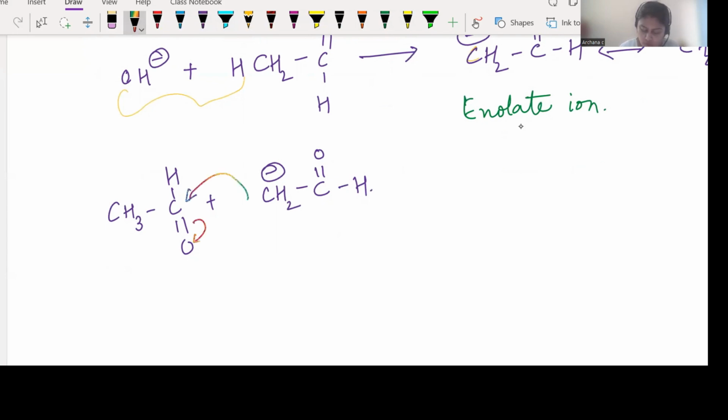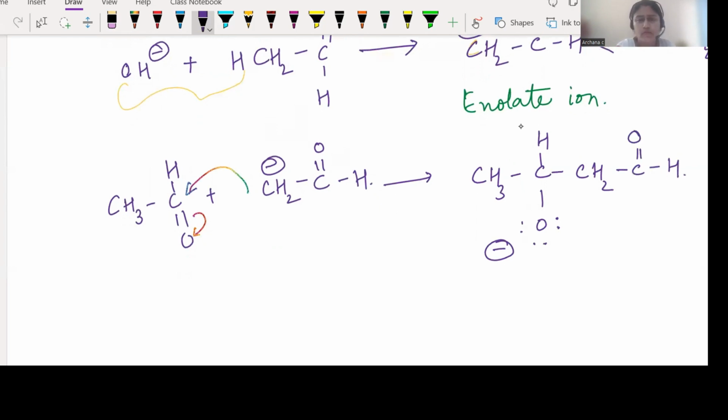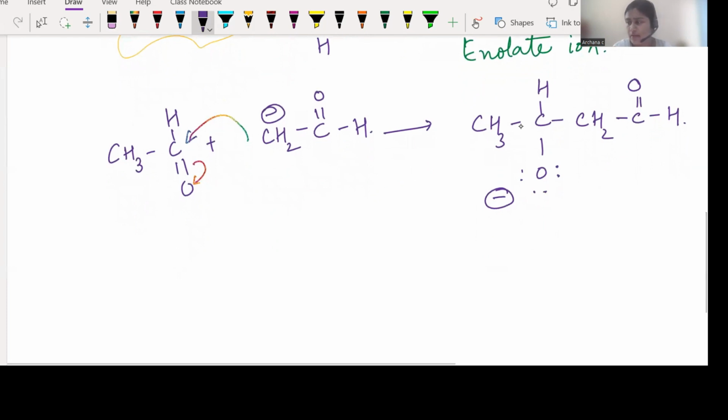This bond will open. What I'm left with is CH3, CHO. Obviously, it already has two lone pairs and this bond is opening. So the oxygen gets a negative charge and the rest of the structure we write as it is. So this is the second step.